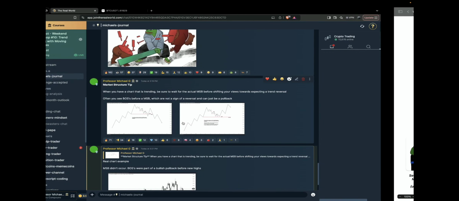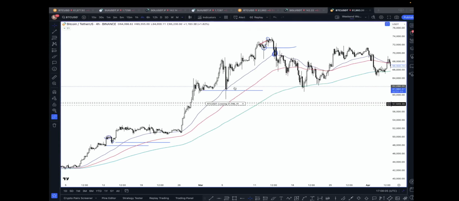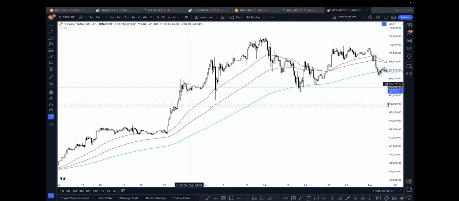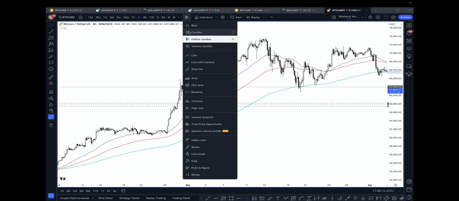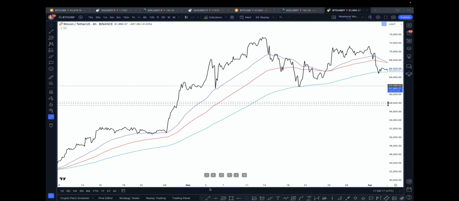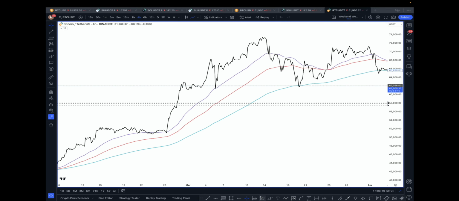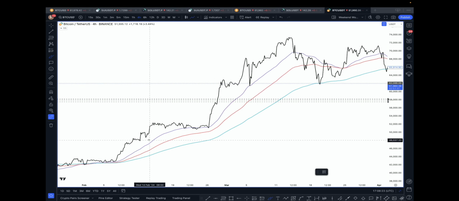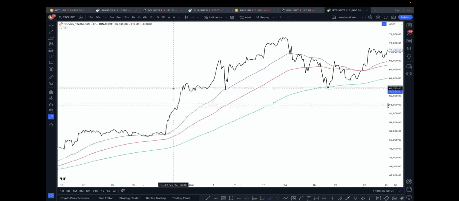Another way as well, which I think aligns with this move over here. If you're looking at a market structure break and you're watching this trend as it develops, let's say you're swing long over here, right? You swing long all of this because of the 4 hour trend. Swing long, swing long, swing long.